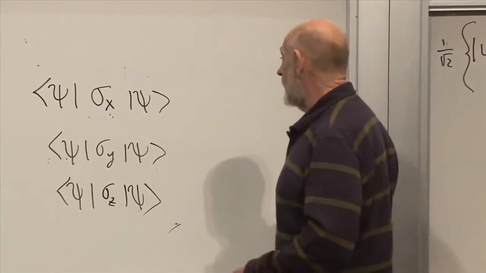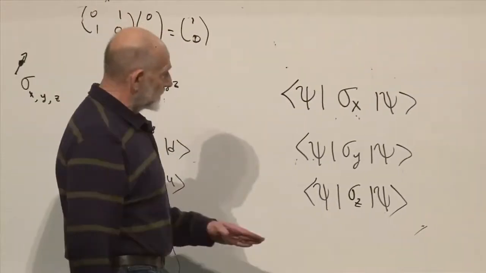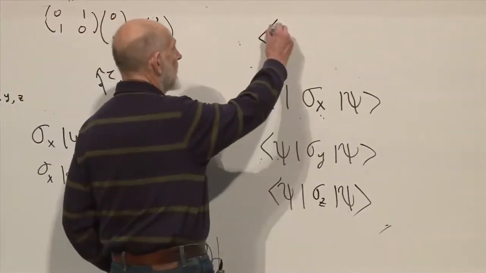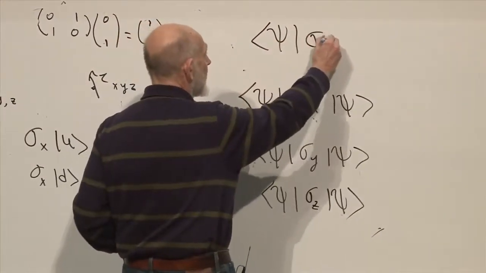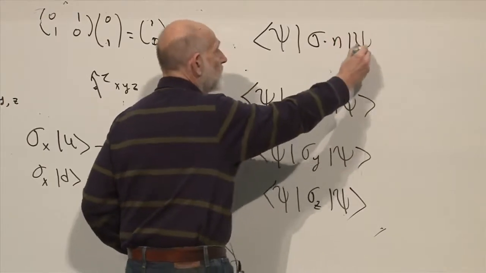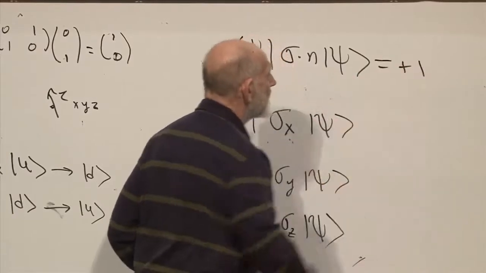So the answer is, given any state, there is always some direction, let's call it sigma dot n, that depends on psi, for which this is not only not 0, but it's equal to +1.